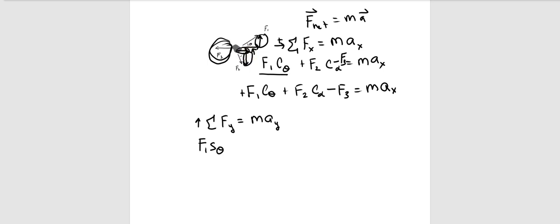This force vector, which is opposite the angle alpha and is down in the picture, is going to be minus F2 sine alpha. And this force vector does not have a y component. So if you want, we could put a plus 0 there just to say that we at least considered it, or you could leave it blank. That's it. Equals mass times the y component of the acceleration vector.